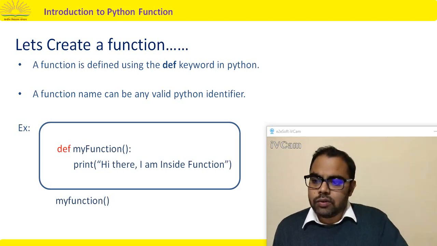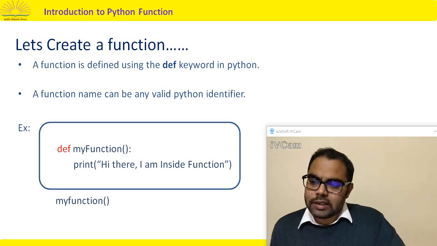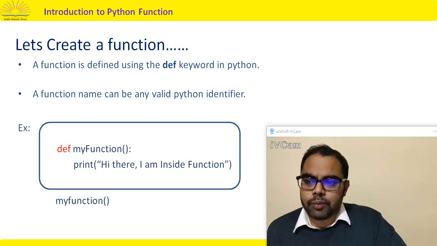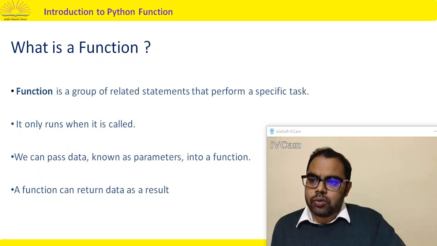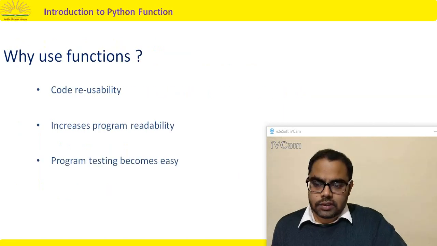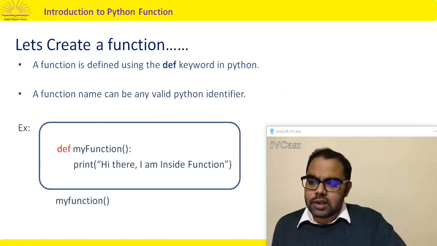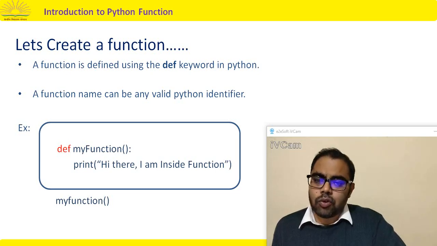Now if you write these two lines only and execute the program, you will get no output. As I said in the previous slide, to execute a function you have to call the function. Now what is the process to call the function? See, this is my function here. The calling syntax is that you have to write the name of the function.